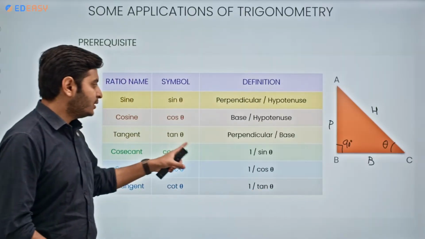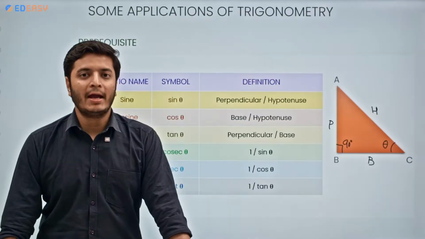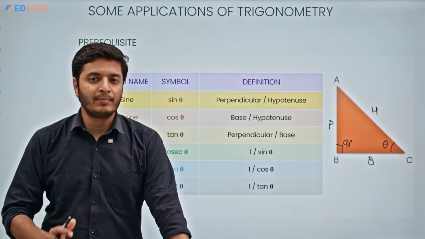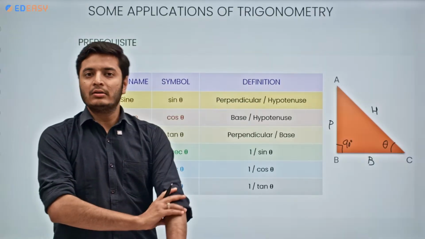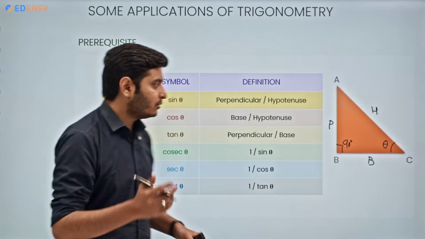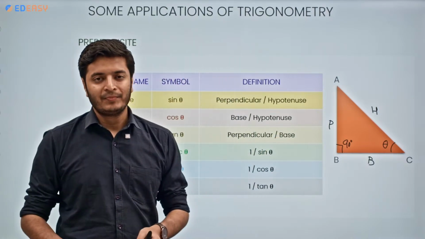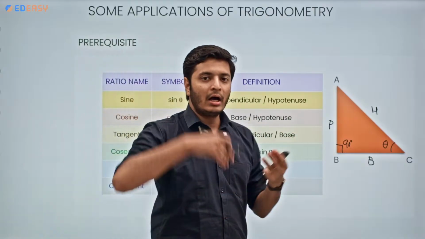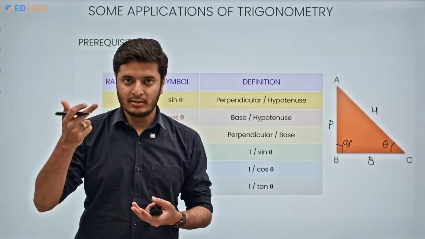Then tan theta. One thing, when we are going to deal with heights and distances in this chapter, some applications of trigonometry, the majority of the time you are going to deal in terms of tan theta. Tan theta is perpendicular by base. When we are dealing with height, we are talking about the vertical distance, correct?